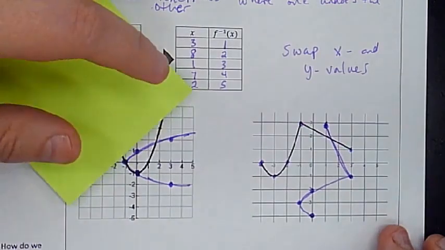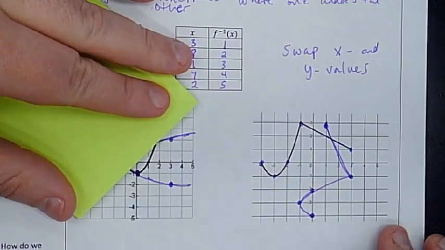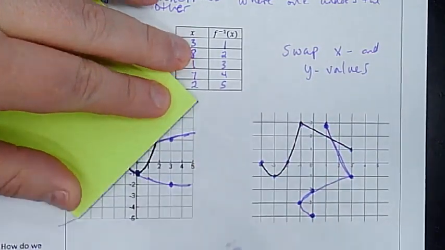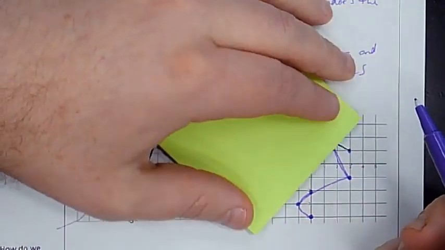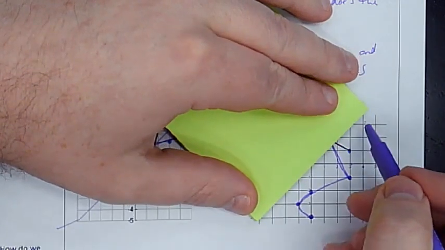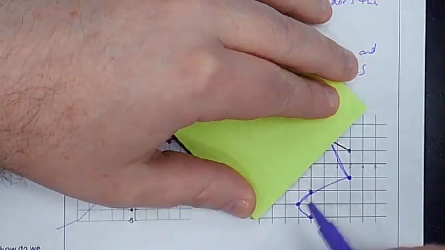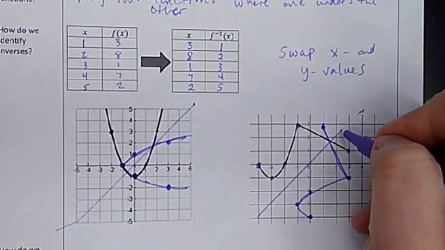So what I'm going to do is draw in the linear identity function y equals x. And what we're going to notice is that these functions, the original function and its inverse, are going to be reflections over that identity function y equals x.